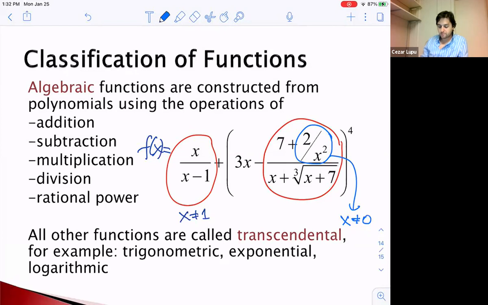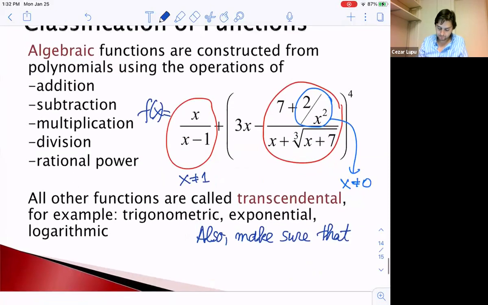So also make sure that this guy, x plus cube root of x plus 7, is different than 0.